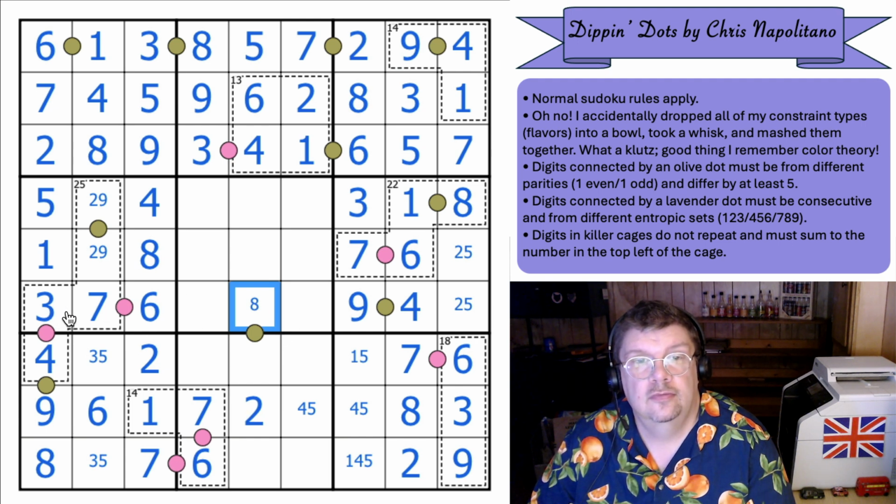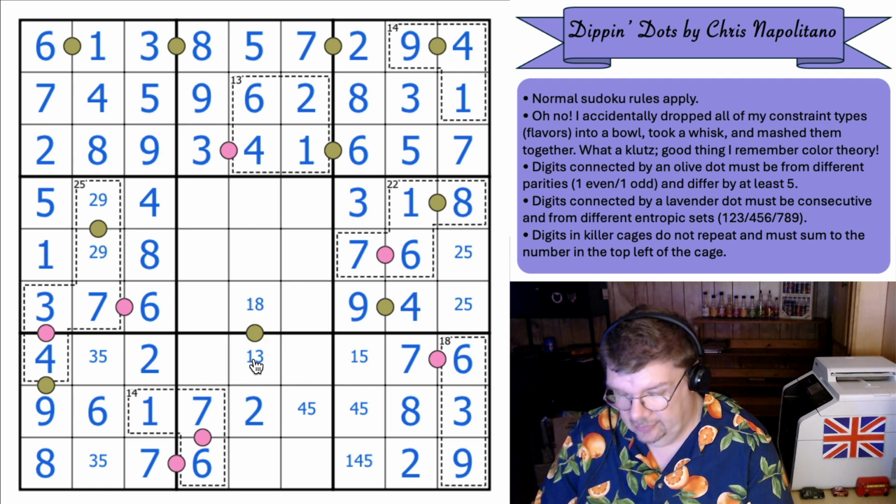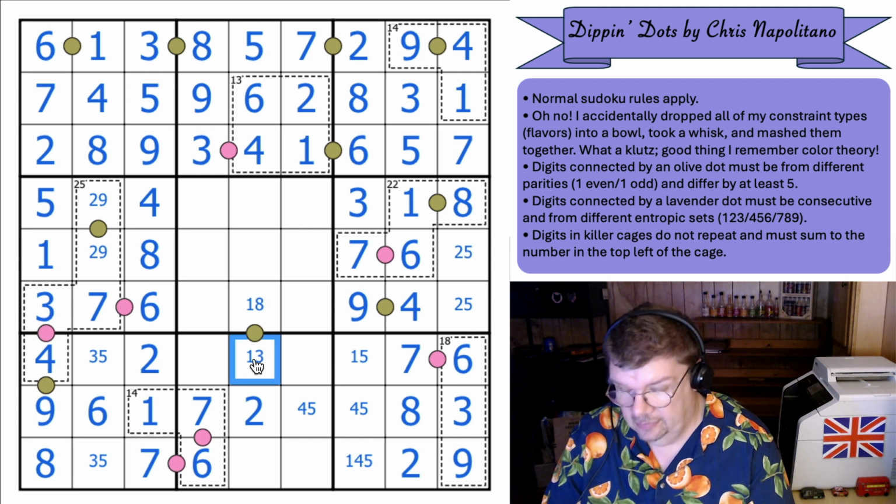It sees 2, 3, and 4. So that's 1 or 8. So if this is 8, this is 3 or 1, both of which seem reasonable. And if this is a 1, it's 6 or 8, but it can't be a 6. So that could be an 8.